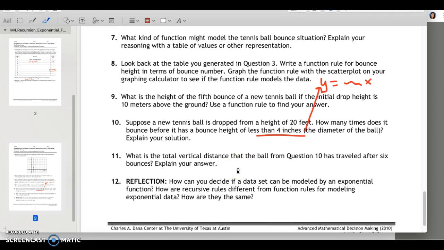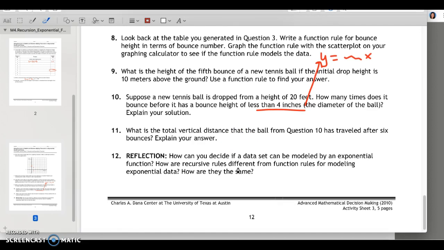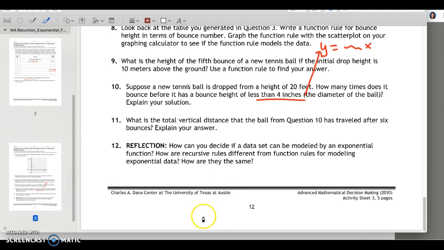And then what is the total vertical distance that the ball from question 10 has traveled after 6 bounces? Well, okay, let's forget the graph for 1 minute in regards to the decrease that has occurred. But your ball is going to bounce like this, right? So you're going to have a distance here for the first time it's dropped.